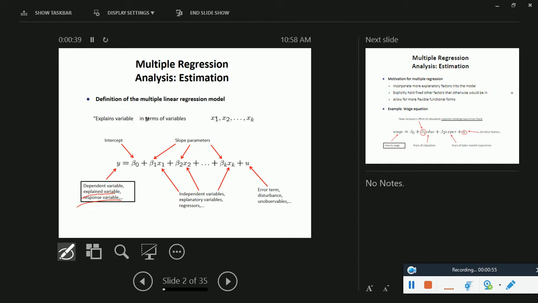And here we have independent variables, multiple of them, so beta 1, beta 2 up to beta k, and of course we will also have the error term, the u term, in a regression model.